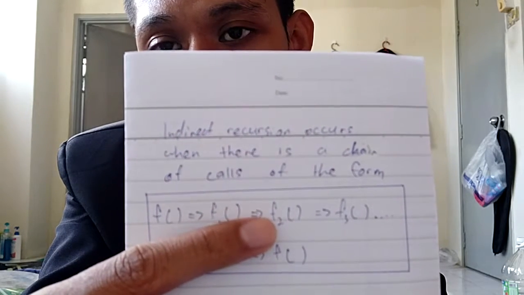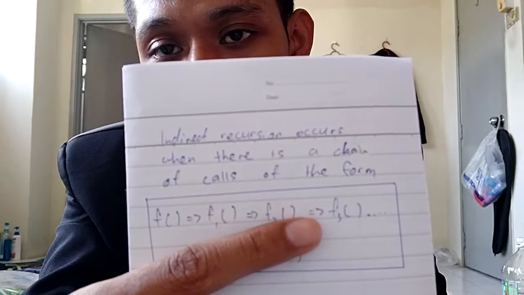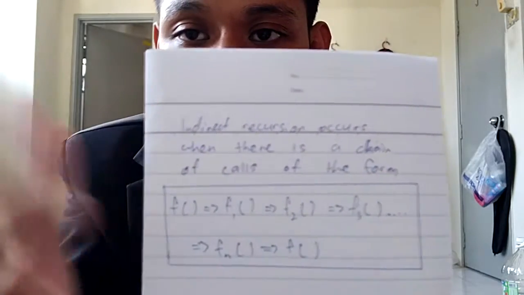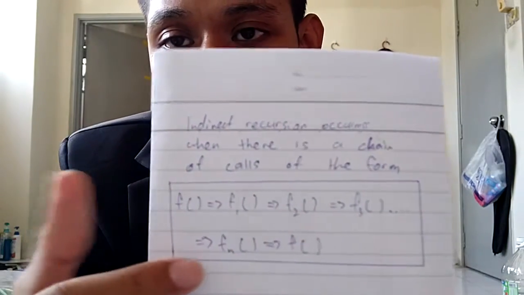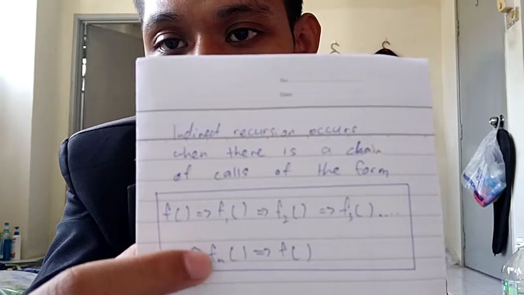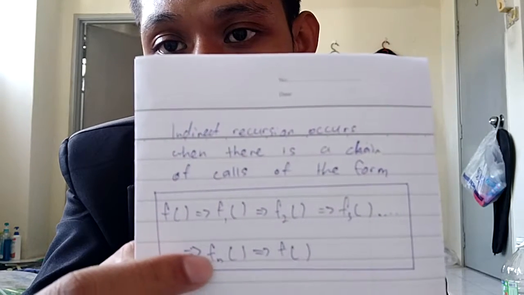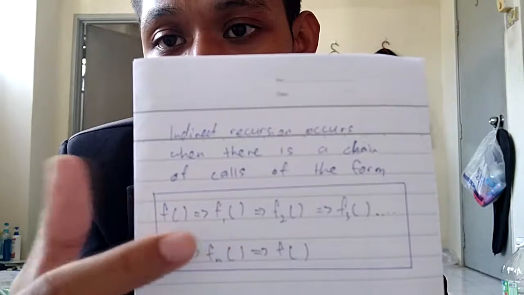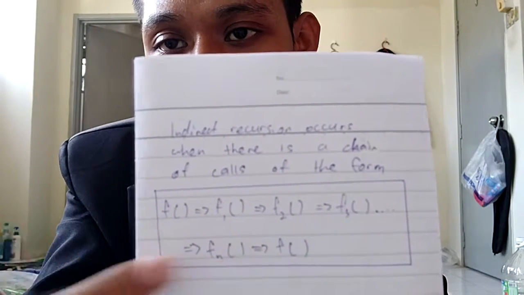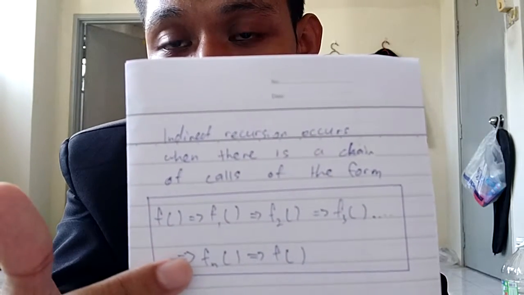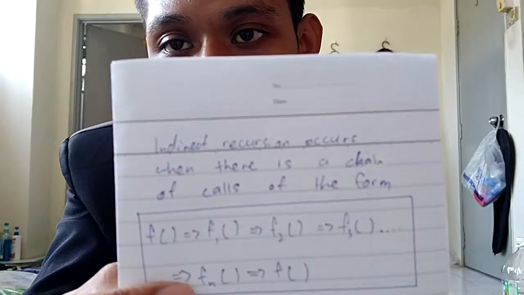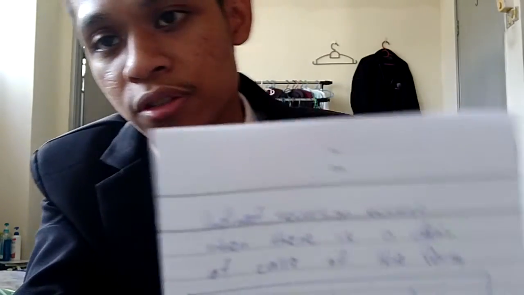In the f2 function, it calls the f3 function. So ultimately, we can go on to the fn function. Then the fn function calls back the f function here. So that is indirect recursion.